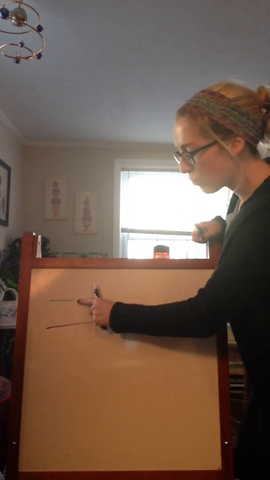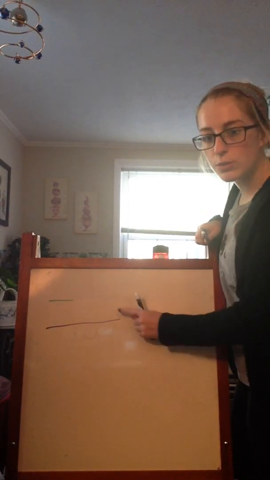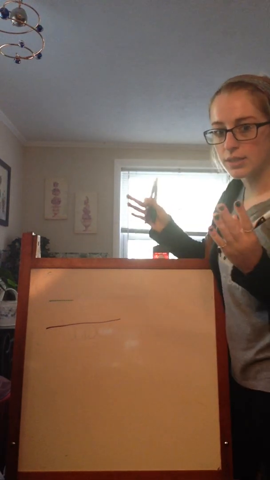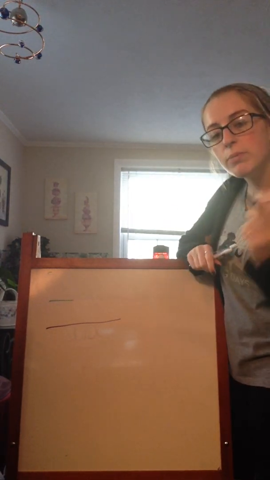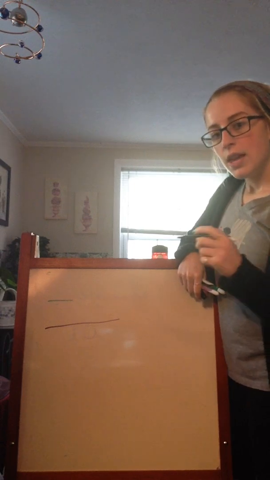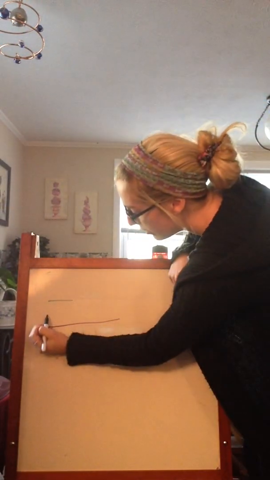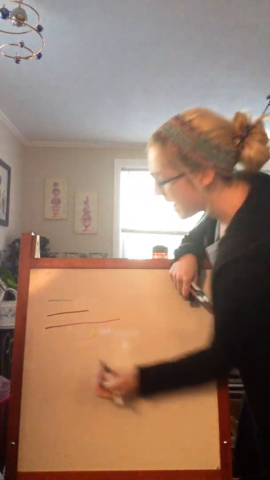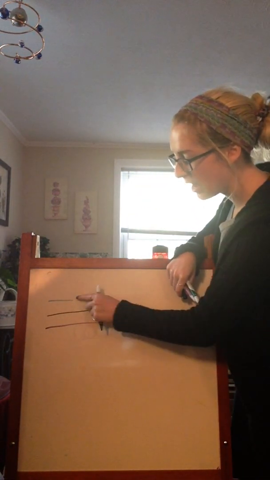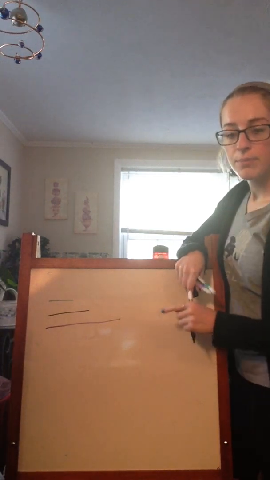Well, if this one's the shortest, this is as small as it'll be, and this one's the longest, this is as big as it's going to be. What would the black line look like? It would have to be bigger than this one and smaller than this one. So it would look something like this. Anything that's shorter than this and longer than this.